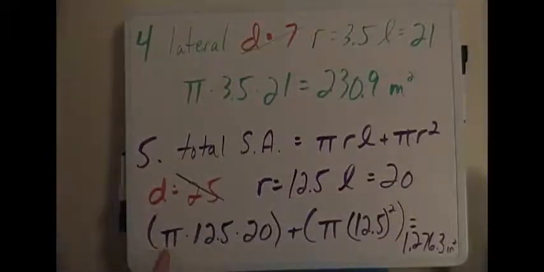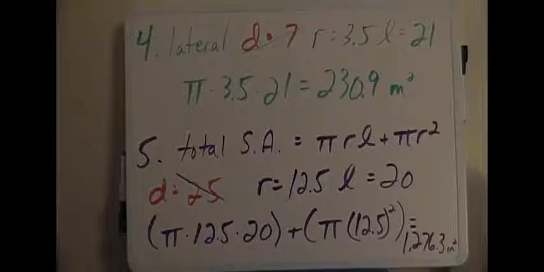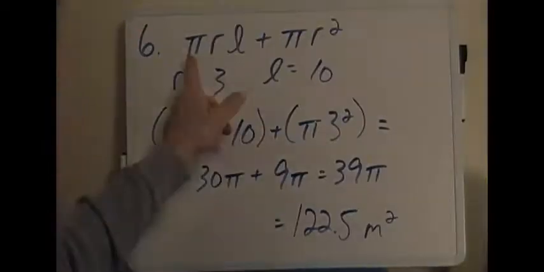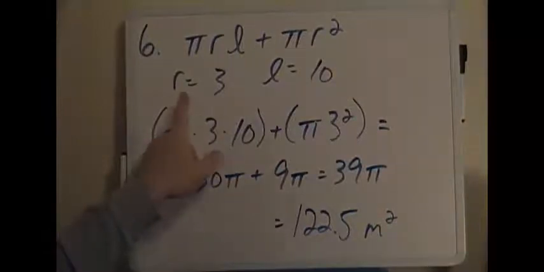So we get pi times 12.5 times 20, in parentheses, remember, because we cannot mix and match because of addition here, and then pi times the radius of 12.5 squared. Put it all in the calculator and add it up. It's 1,276.3 square inches.